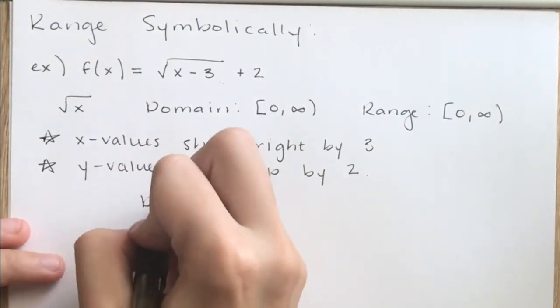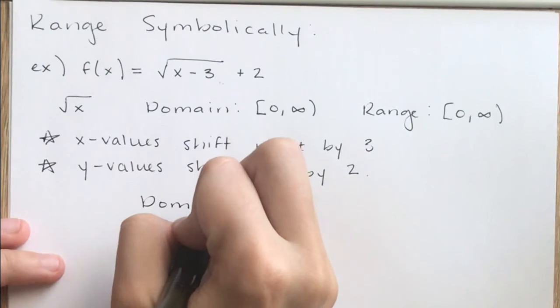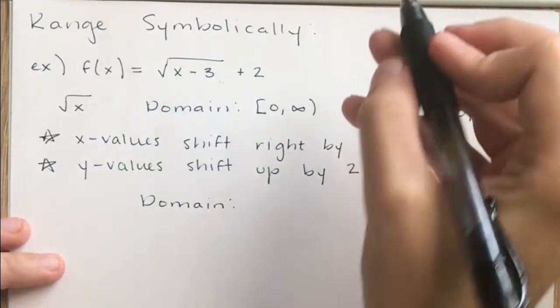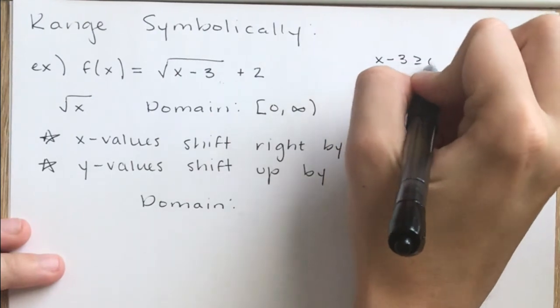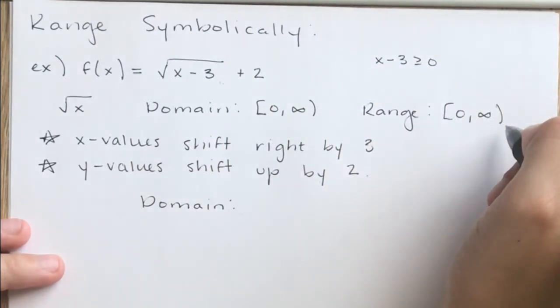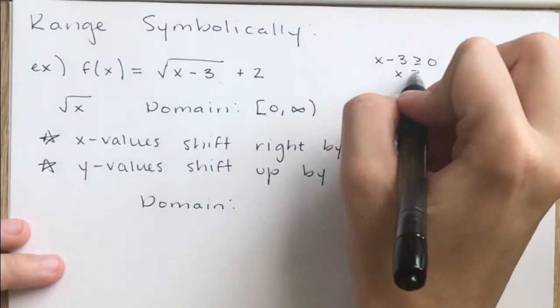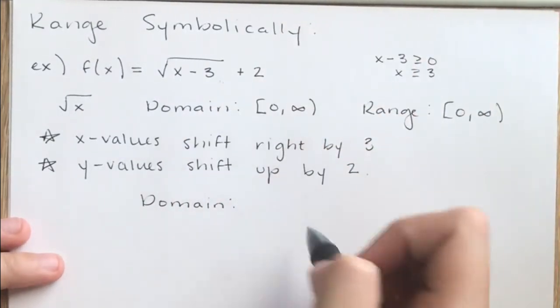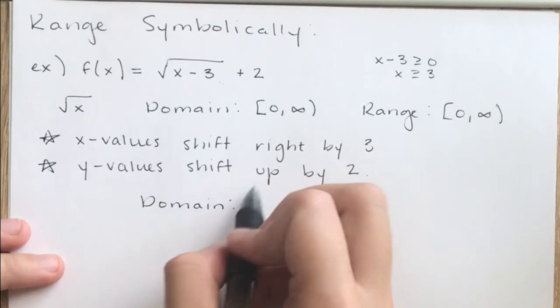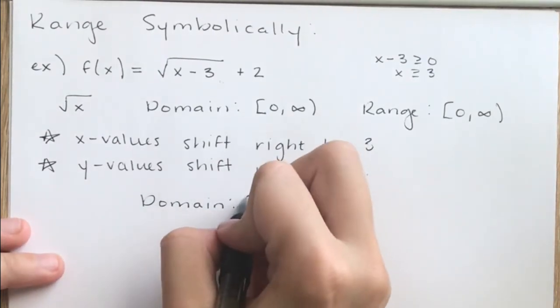Our new domain, and again, we could calculate the domain here. All we would need to do is set that stuff inside greater than or equal to 0. We solve, we get 3. Domain here has been shifted right by 3.